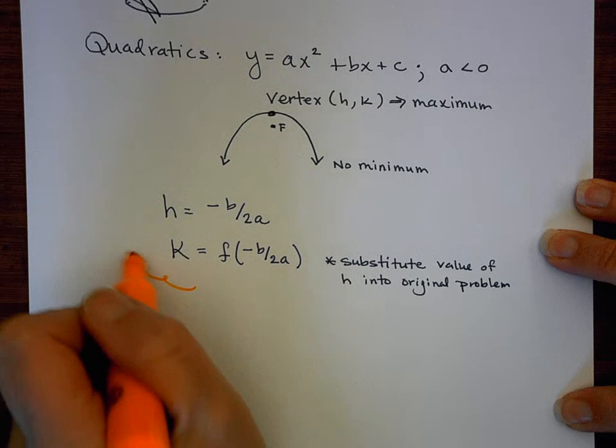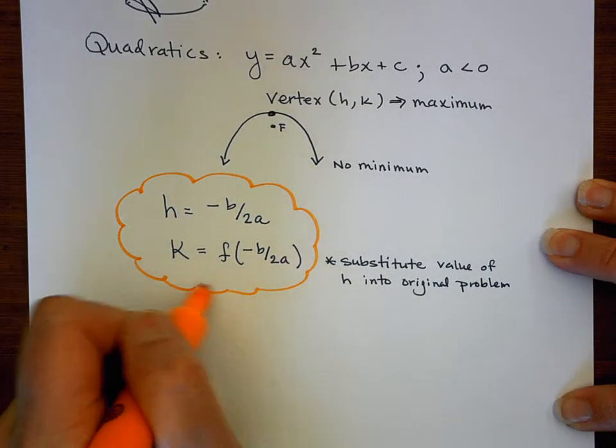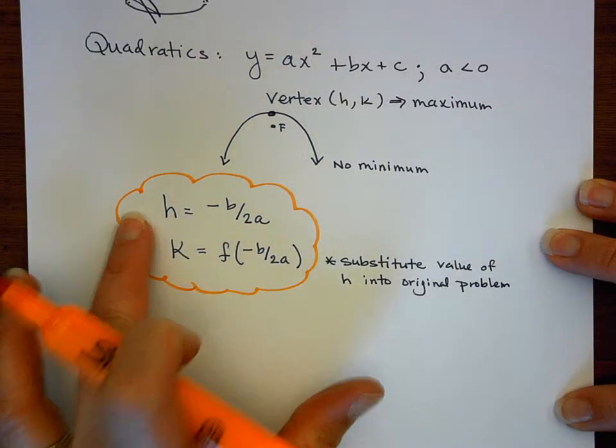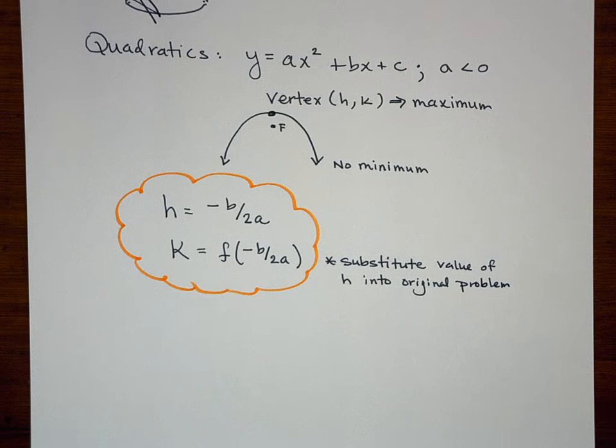Okay, so it's really just one formula, the h equals negative b over 2a, because the other one is not a formula, it's just evaluating. Okay, so we'll do an example here just so we can see how we can find our vertex.